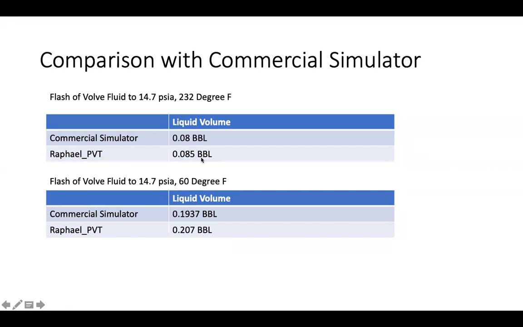This simulator gives you 0.085 barrels of liquid, which I feel is close enough. Then if you were to flash them to atmosphere, 14.7 psi and 60 degrees Fahrenheit, the commercial simulator gives you 0.1937 barrels, and Raphael gives you 0.207 barrels.